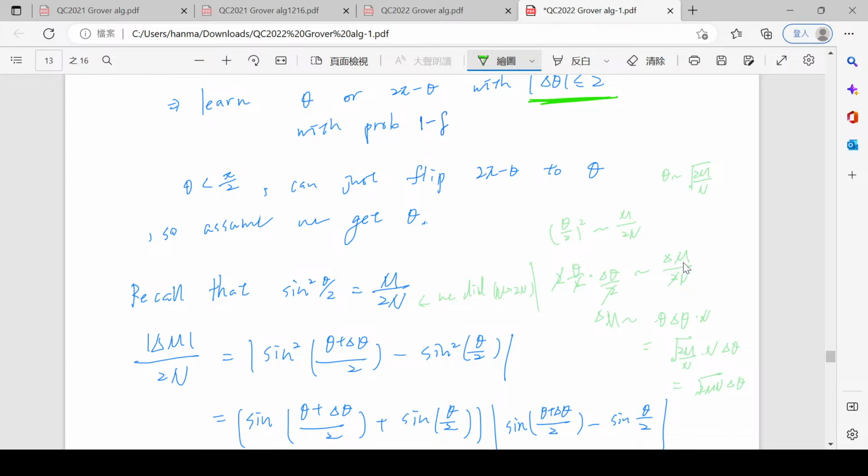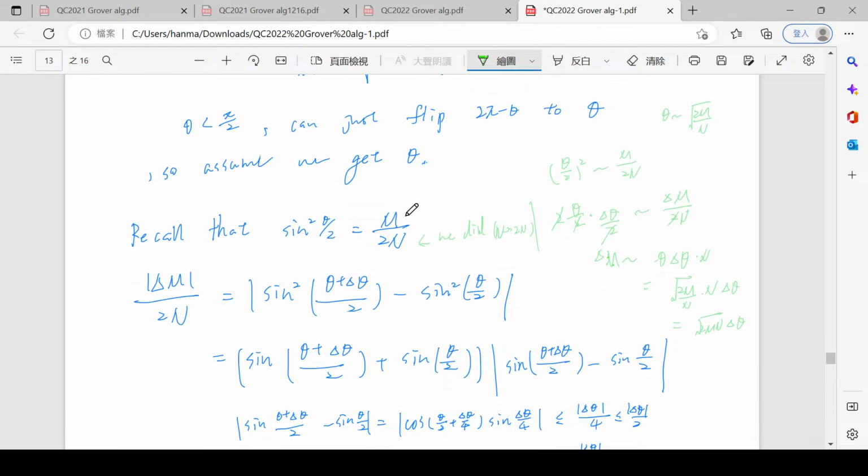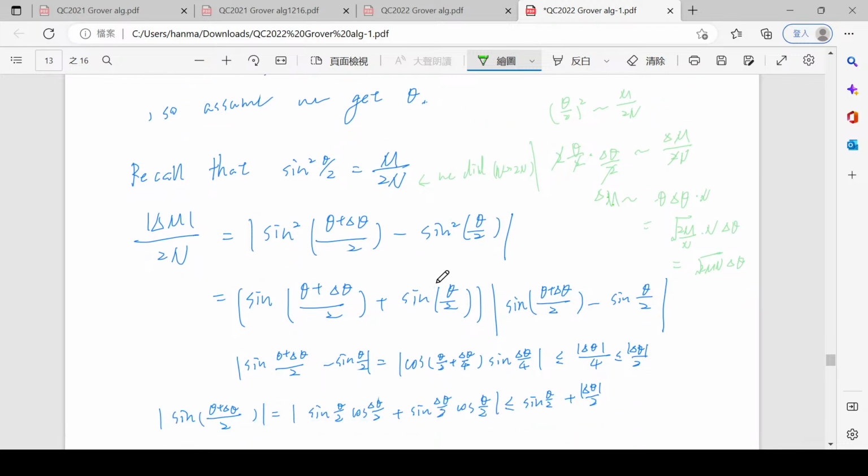Then you differentiate with m here, and you get dm here. Then we get the relation between dm and d theta. You cancel all those terms, and you see dm is about square root m times d theta. But we'll do this more carefully than this infinitesimal analysis.